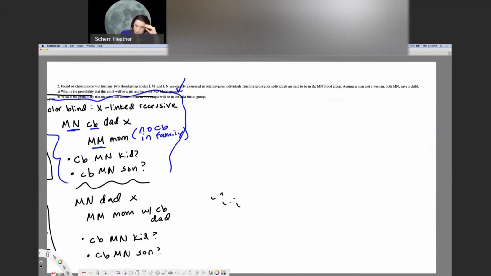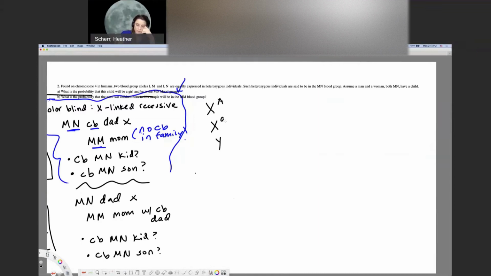Great. All right. So first things first. X-linked means you're having to draw the X's and the Y's, right? So don't forget that. Y doesn't have the same genes as the X, so it has no allele on it. We have colorblind. It's X-linked recessive, so let's just use A's because C's are difficult.